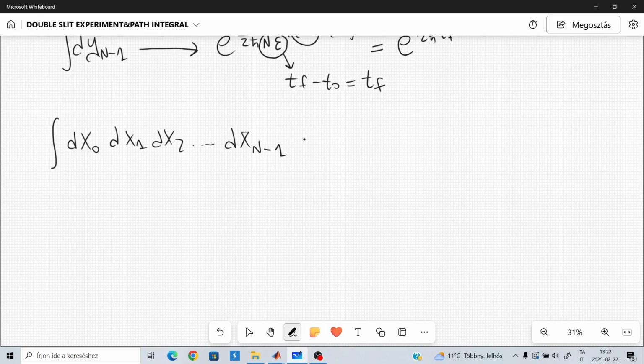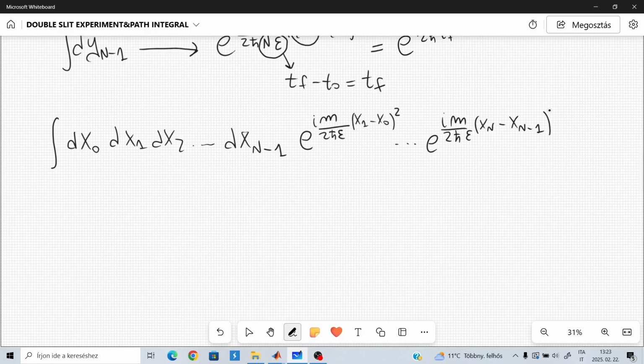Then, of course, we have the same exponential factors of the kind e to the I m divided by 2h bar epsilon x1 minus x0 squared. Then I will write only the final one, e to the I m divided by 2h bar epsilon xn minus 1 squared, like this.